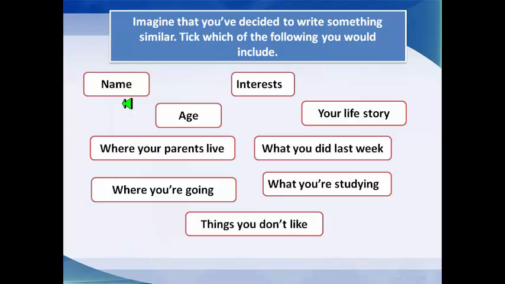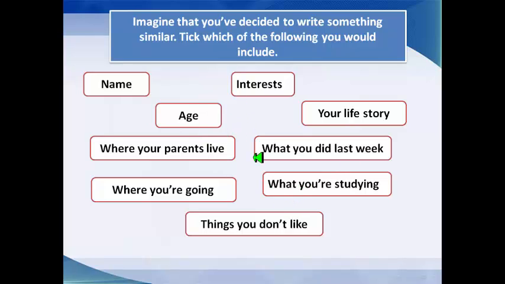Are you going to talk about your name, age, interests, your life story, where your parents live, what you did last week, where you're going, what you're studying, things you don't like? So you can choose all of them or some of them.